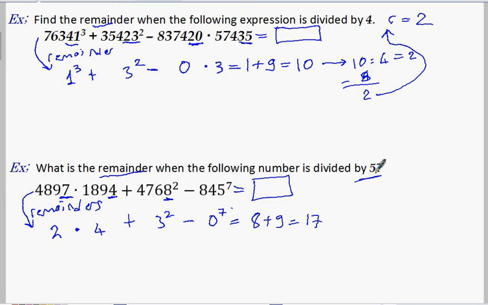Since 17 is bigger than 5, we need to divide it by 5 one more time to find the final remainder, which is 3. You can even do it in your mind, but since this is the last step, let's show it. So the final remainder is going to be 2 if you do all those calculations.